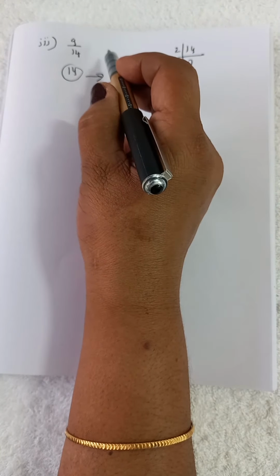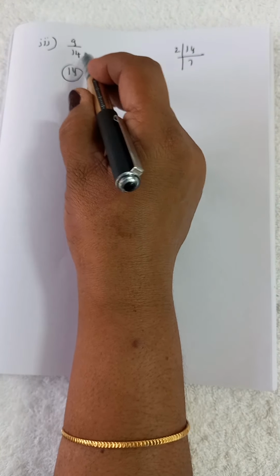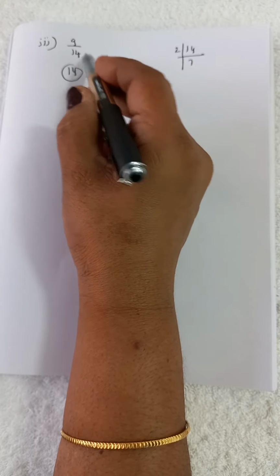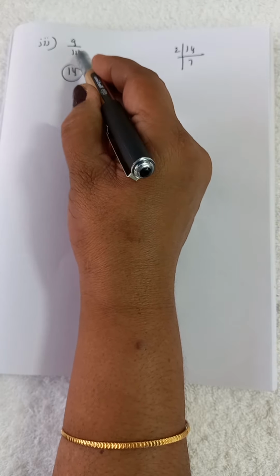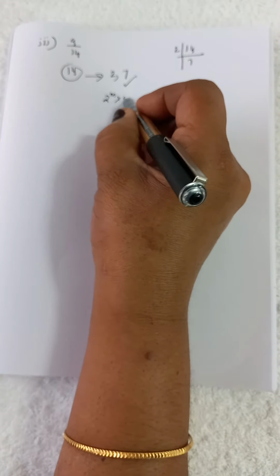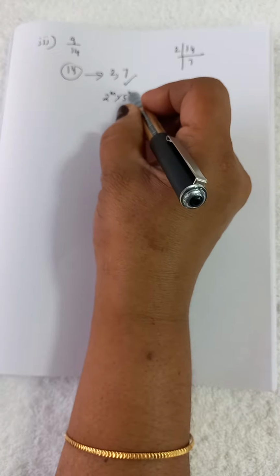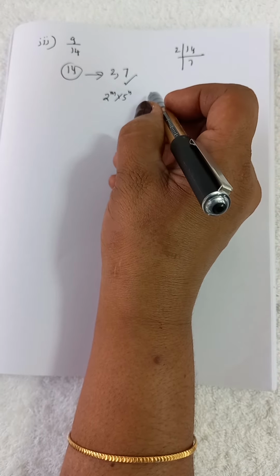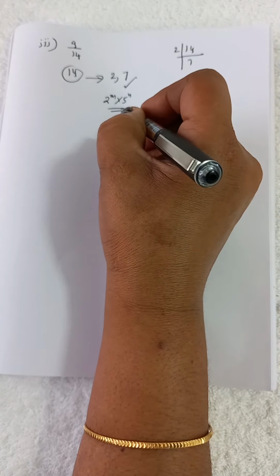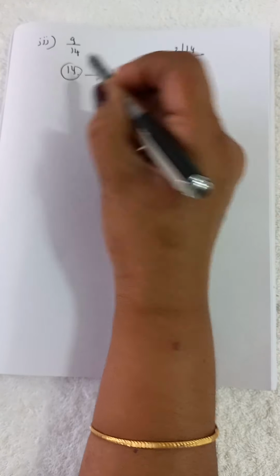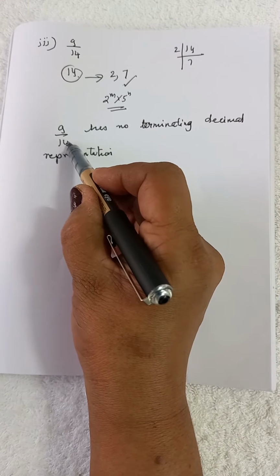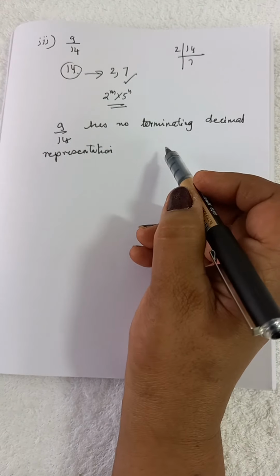But for this rational number 9 by 14 to be a terminating decimal, this denominator 14 has to be expressed as 2 raised to m into 5 raised to n, where m and n are whole numbers. But in this case 2 and 5 are not the factors of 14. So, the rational number 9 by 14 has no terminating decimal representation.